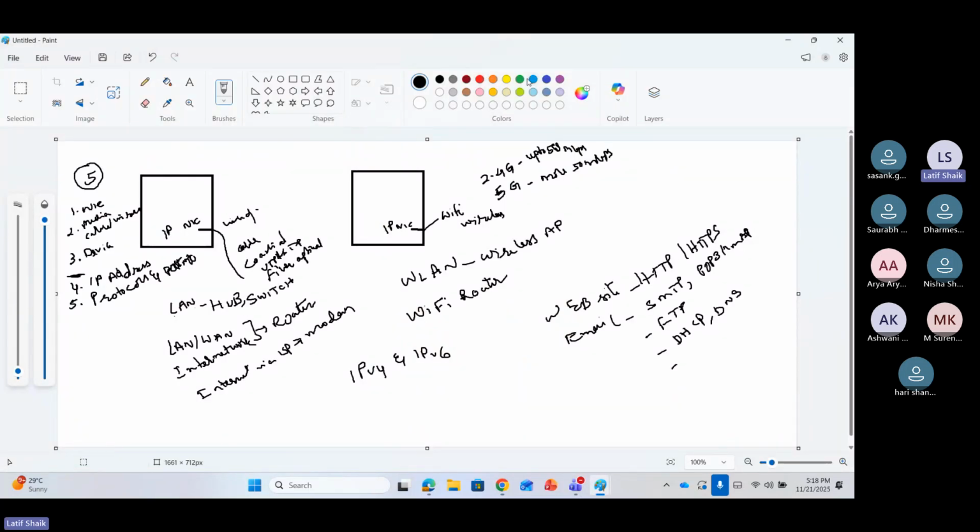The NIC part is completed. Then we have to discuss these cables. Of course, media wise, we just discussed wireless media, 2.4 and 5 gigahertz, two connections. But we'll see the cables now.